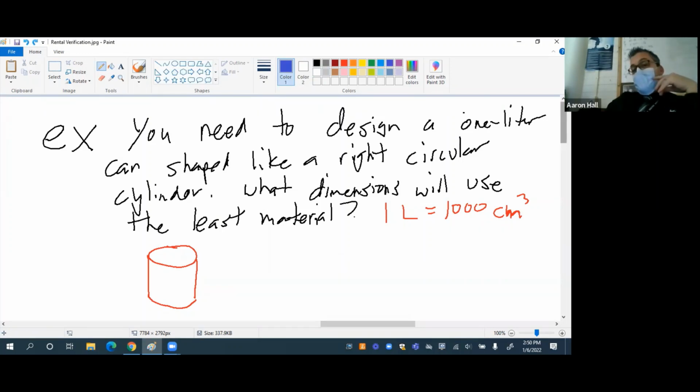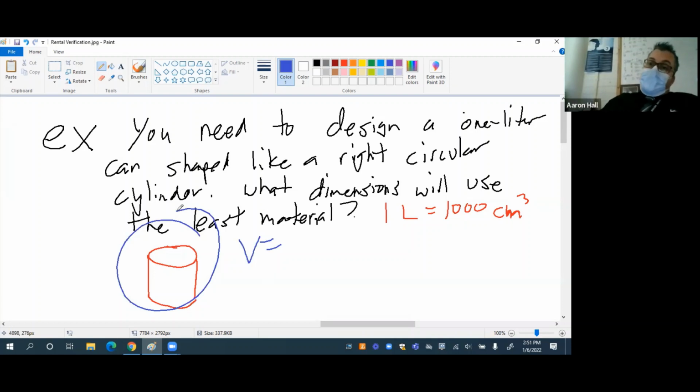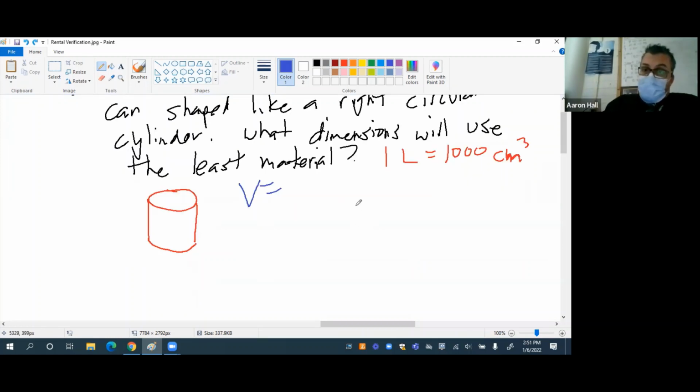What's that? The area of the circle times the height. Yeah. So we're trying to figure out the volume of this cylinder, and the volume of a cylinder or the volume of all prisms are calculated the same way.